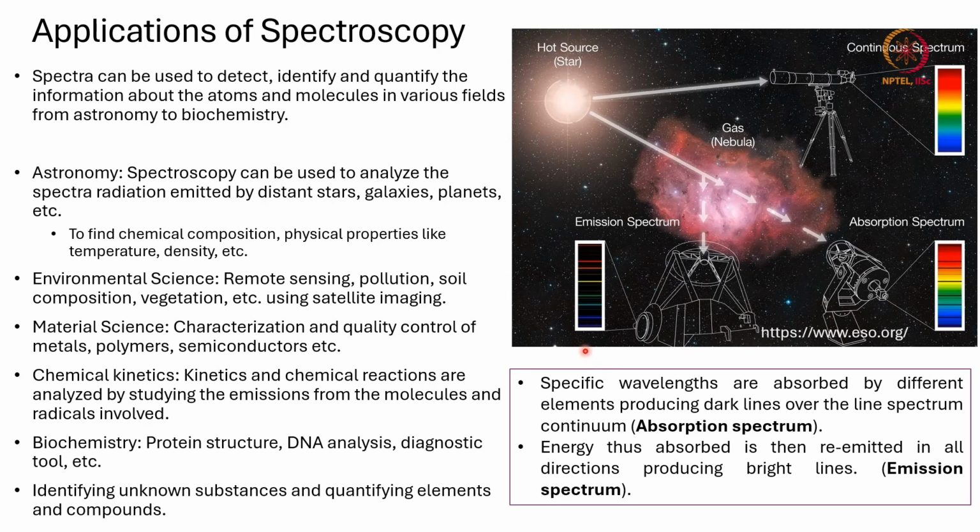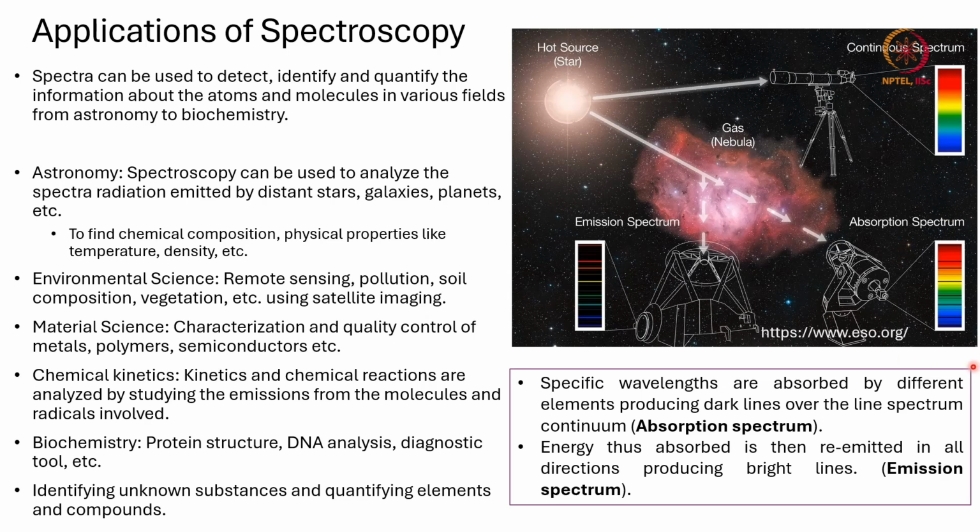So, when bright lines are present on a dark background, it's called an emission spectrum because it is emitted by the gas molecules after they de-excite to ground state. Whereas the spectrum obtained directly from the transmitted light from the star which has passed through this gas nebula is called an absorption spectrum, because dark bands corresponding to the energy absorption by the gas nebula are present in this spectrum.